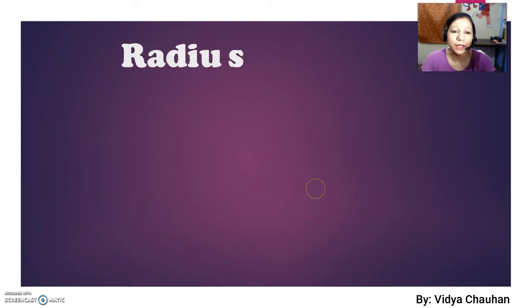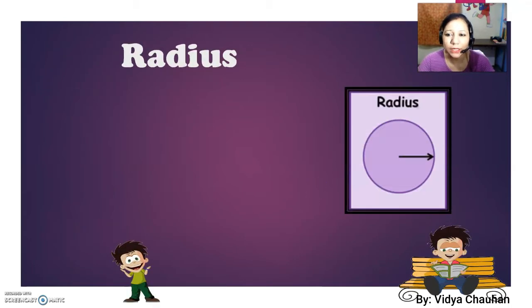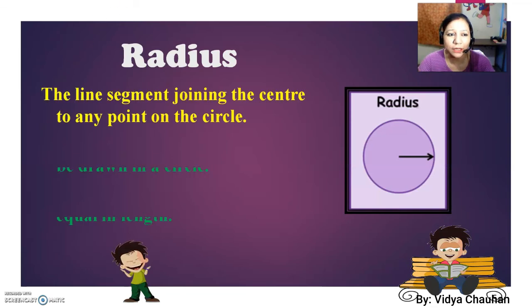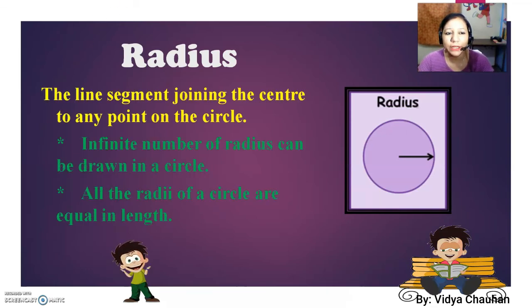Next is our radius. This is the third part, radius. What is the radius of a circle? The line segment joining the center to any point on the circle is called its radius. As you can see here, there is a fixed point, called the center. The line joining the center with any point on the circle is called the radius.